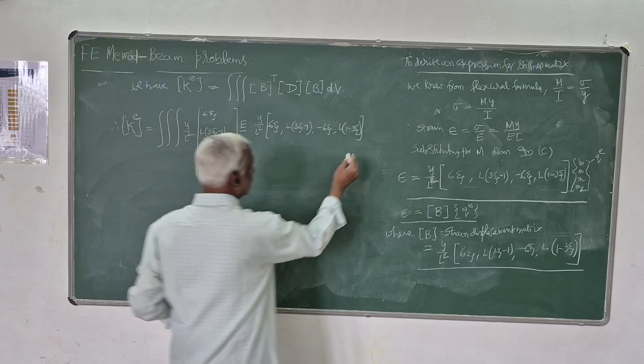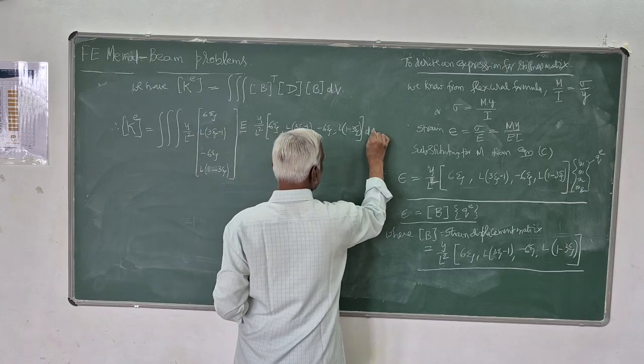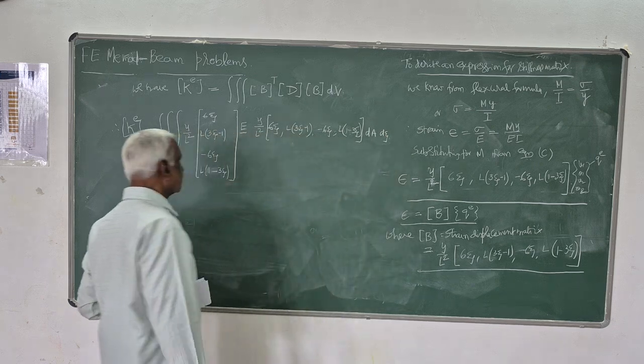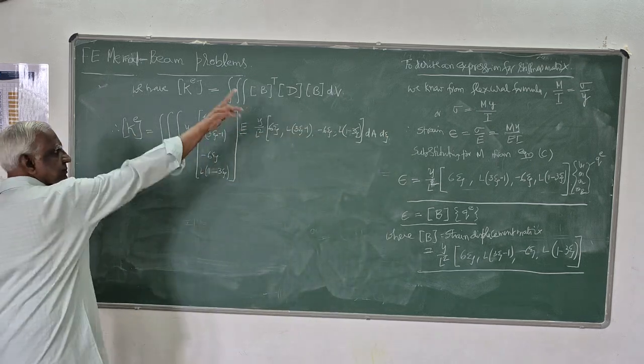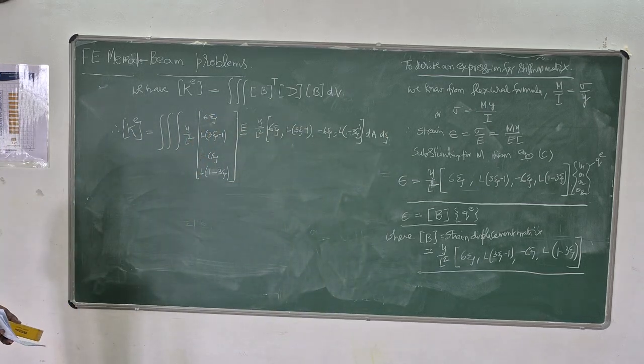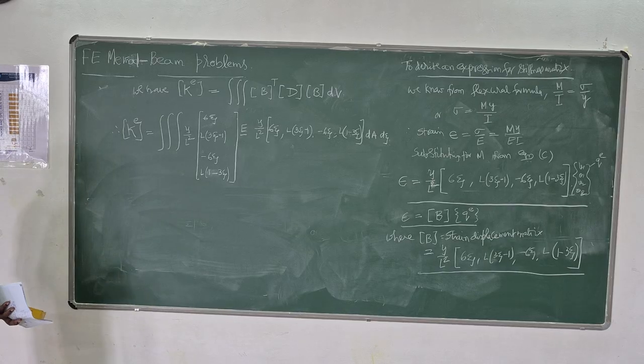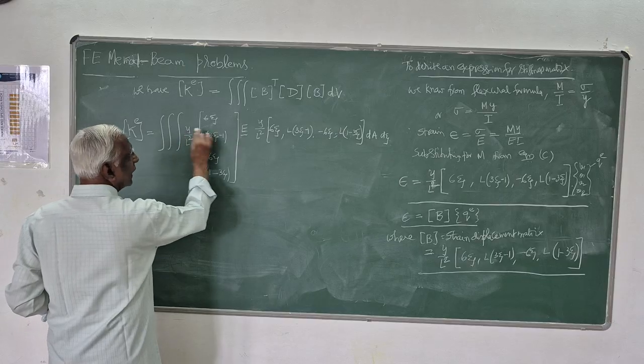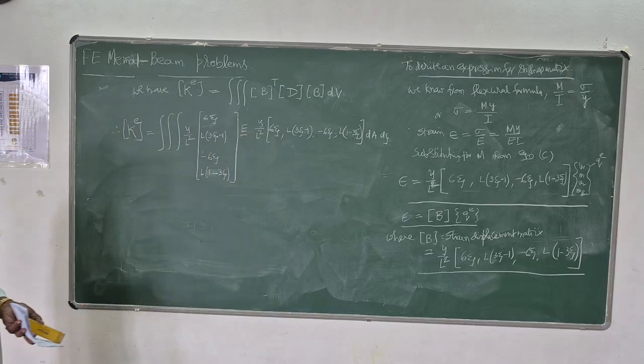So B transpose D B dV, where dV is nothing but dA into dx, because we are integrating with respect to the natural coordinate system. Now you watch this, y into y square.